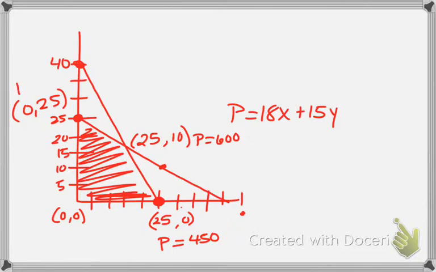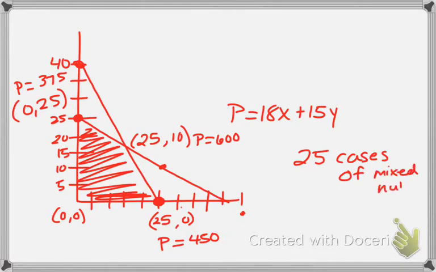Going up here, I get a p of 375. So which one maximizes my profit? The 25, 10. So I need to sell 25 cases of mixed nuts and 10 cases of peanuts to maximize my profit, if I can buy no more than 500 and spend no more than 600.